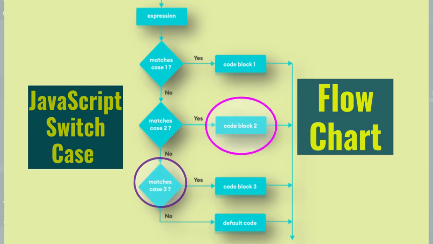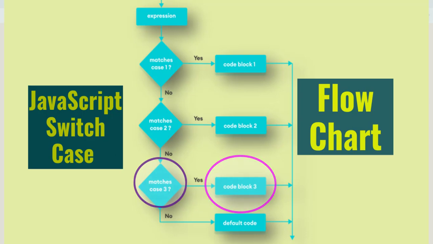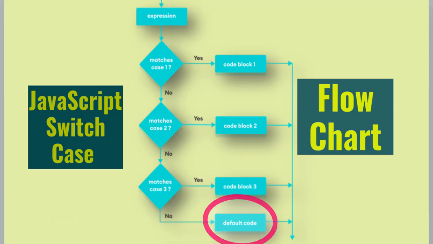Does case 3 match the expression? If the answer is yes, code block 3 is executed. If the answer is no, then it jumps into the default code. So if none of the cases matches the expression, then the code inside the default clause will be executed, right?